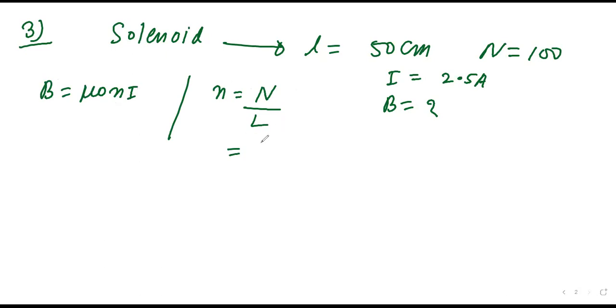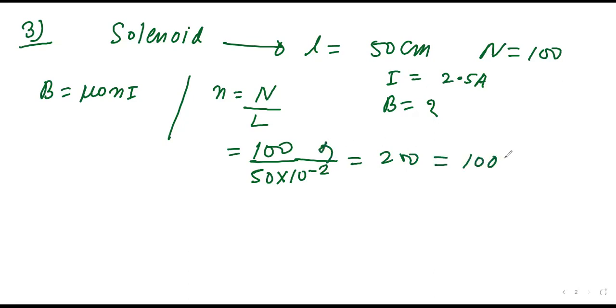So it is 100 divided by the length given, that is 50 centimeter converted into meter, so it is 10 raised to minus 2. So it is coming out to be 200. How have you calculated this? Minus 2 will go up, so it will be 100 into 100 divided by 50. So this is cancelled with 2. So 200 we are getting for small n.